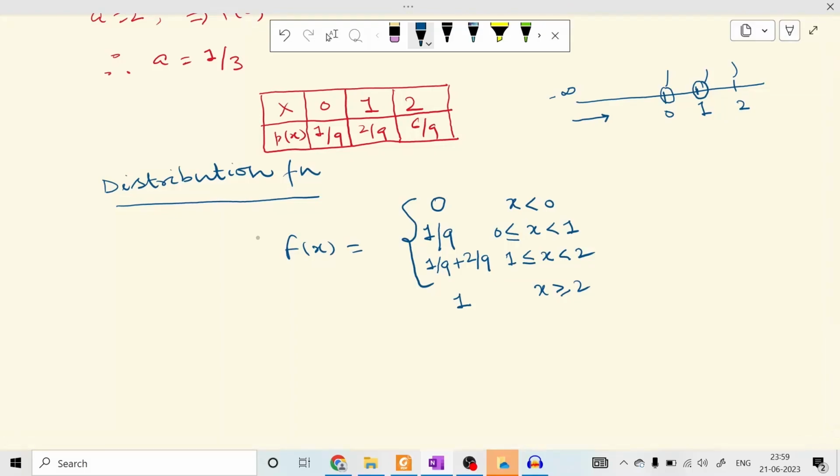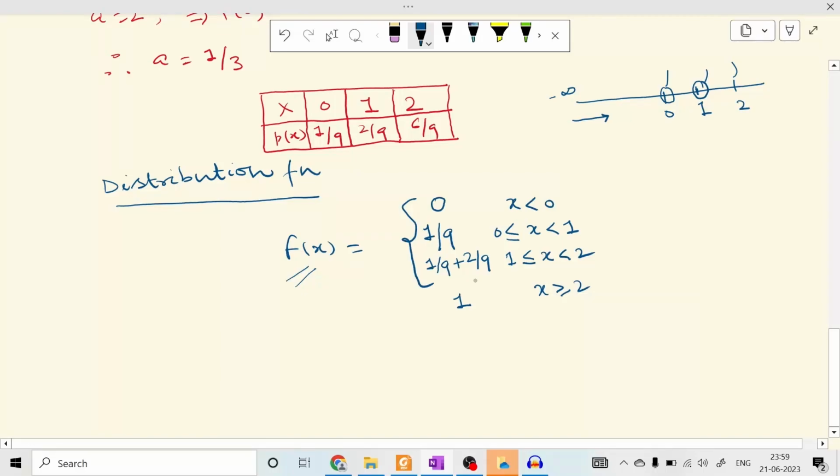It is a very simple procedure, and we can easily calculate the distribution function in this manner. We should keep in mind that whatever point is given to us to find the value of the distribution function at that point, we have to add the probability available till that point. That is why we are adding this.